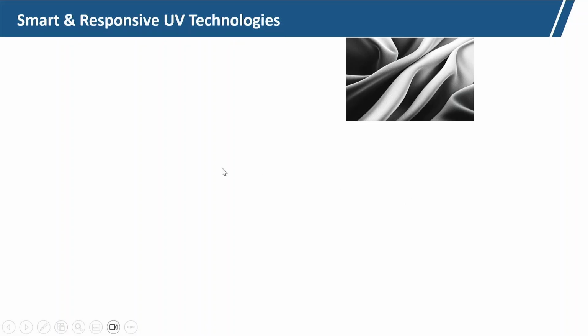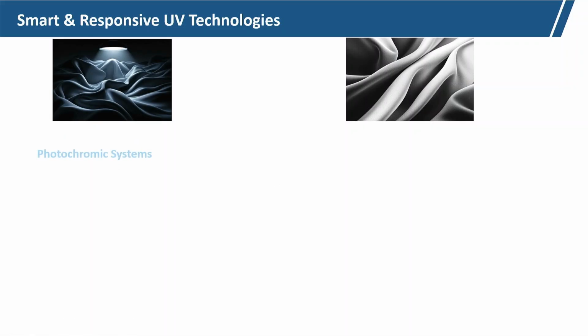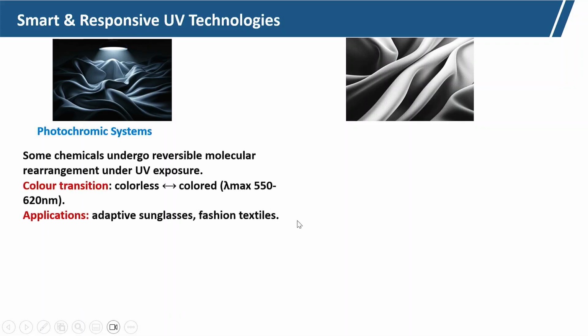Now, we will discuss the smart and responsive UV technologies. One is the photochromic system. It changes color depending on the presence of light. Some chemicals undergo reversible molecular rearrangement under UV exposure.